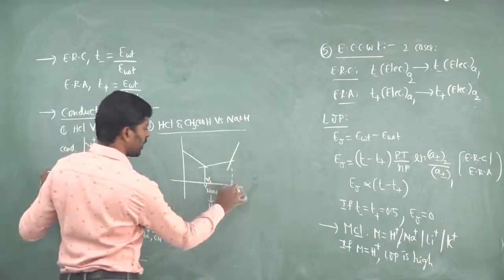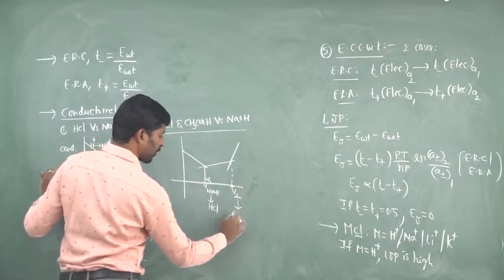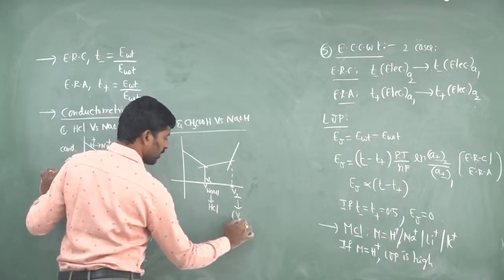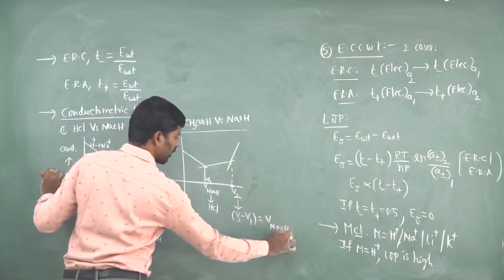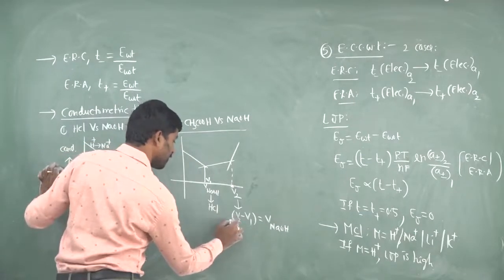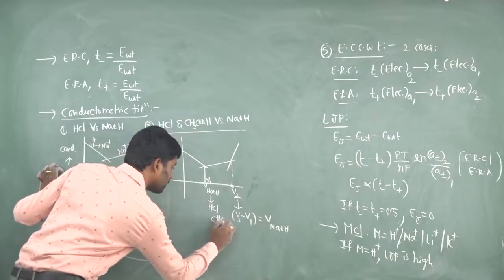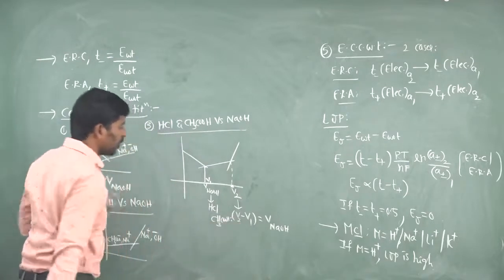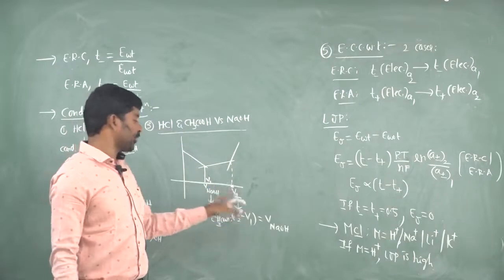If you take the end point as V2, the volume of NaOH required to neutralize acetic acid is V2 minus V1.